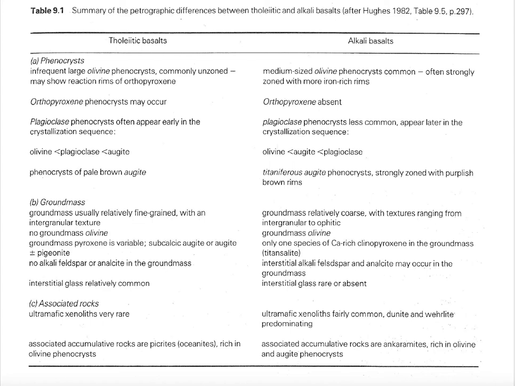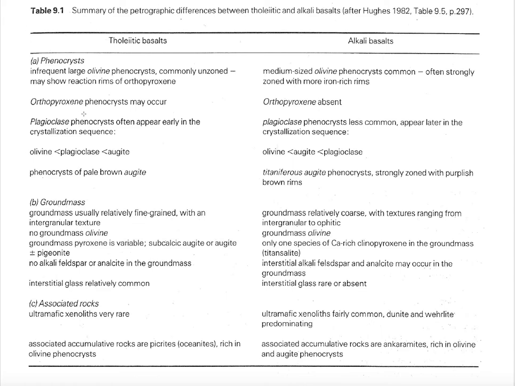In an alkali basalt, we have medium-sized olivine phenocrysts that are common, often strongly zoned with more iron-rich rims. The iron-rich rim is an indicator for the temperature, and if we have iron-rich rims, then it means the magma cooled down quite much more compared to the tholeiitic magma.